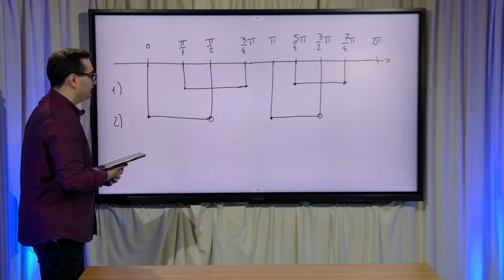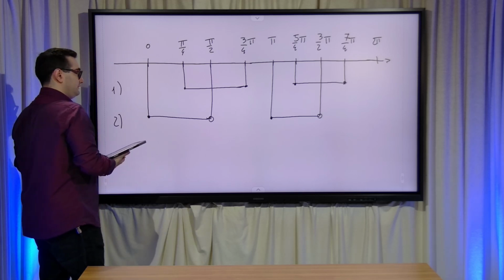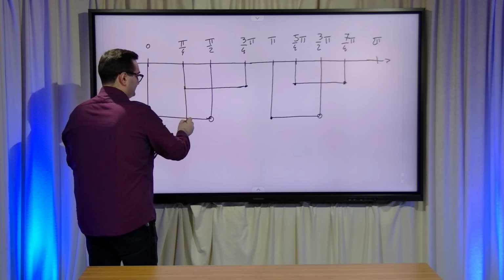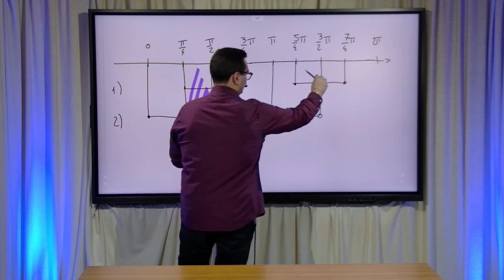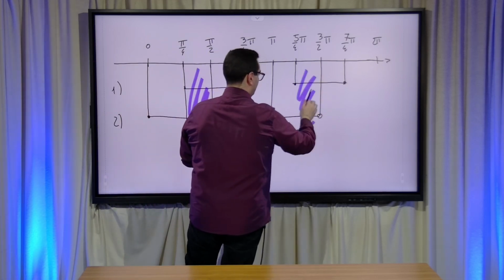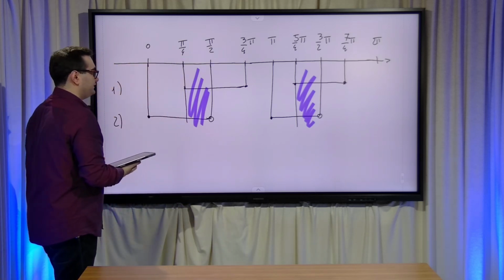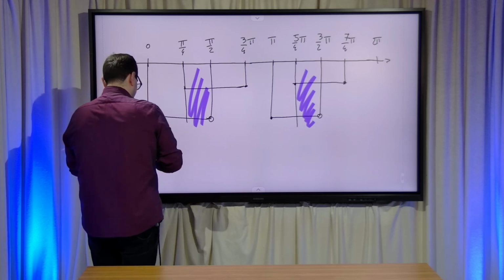From this graph, I can say that the result of the system is where I get an intersection between the first line and the second line. So these are the ranges where the system is satisfied.